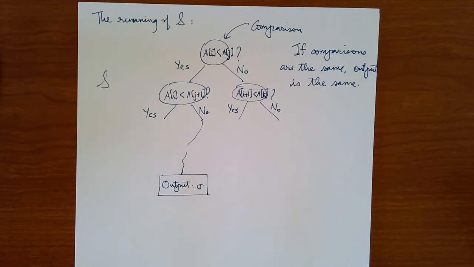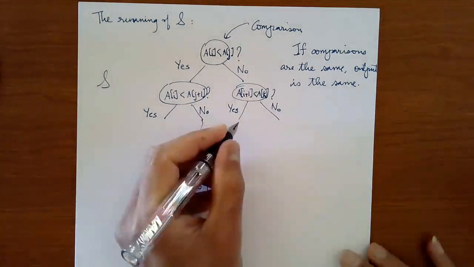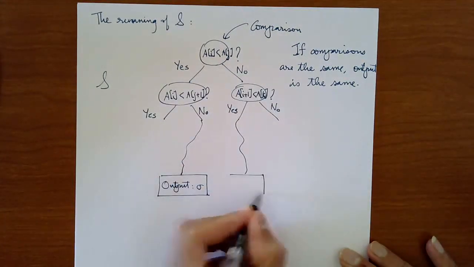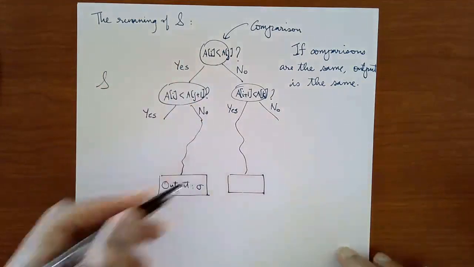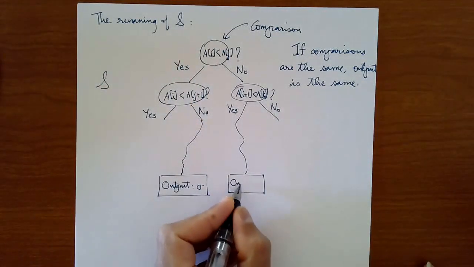Is this clear? Any questions? Any questions about this? Okay. So this process continued. There may be two different ways it can give the same output.